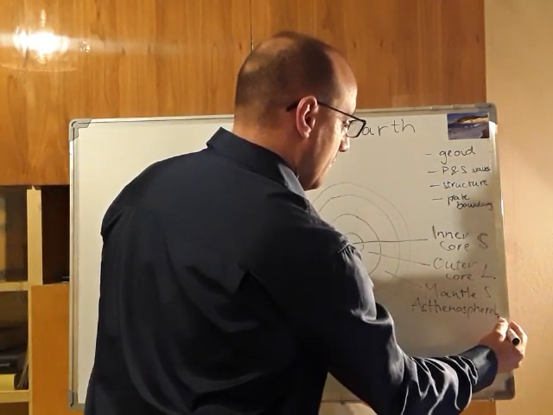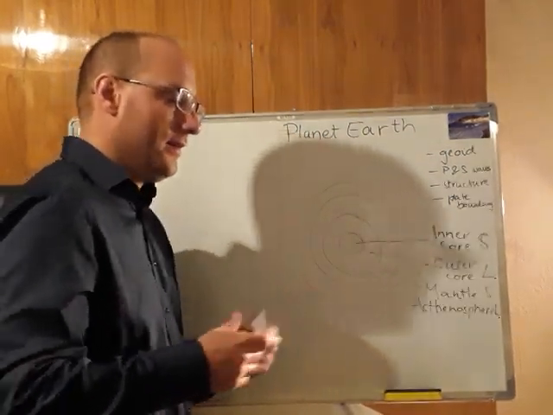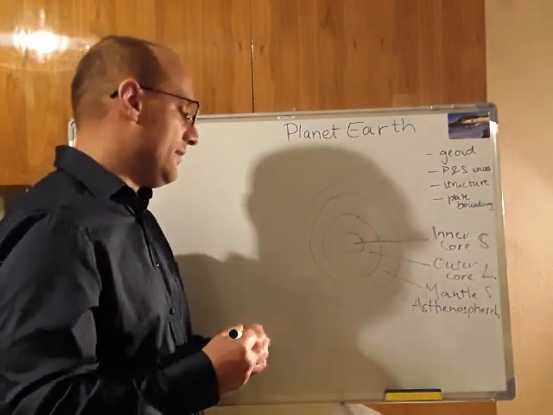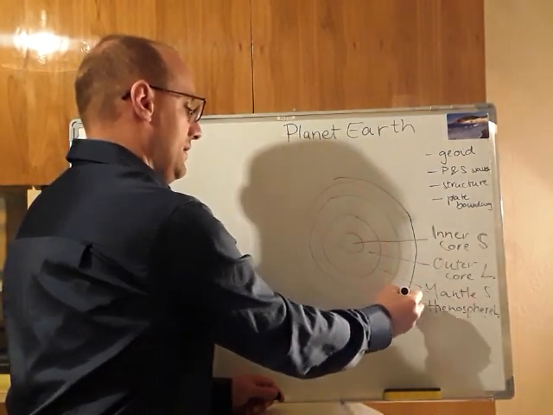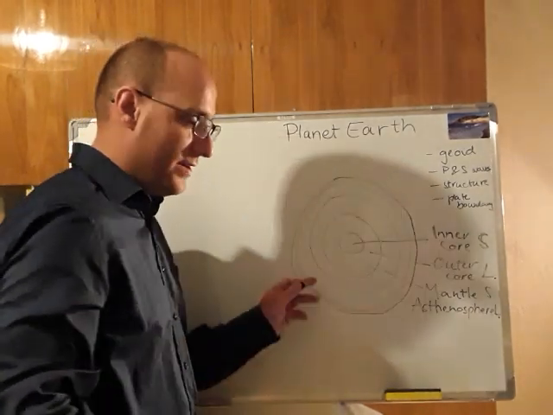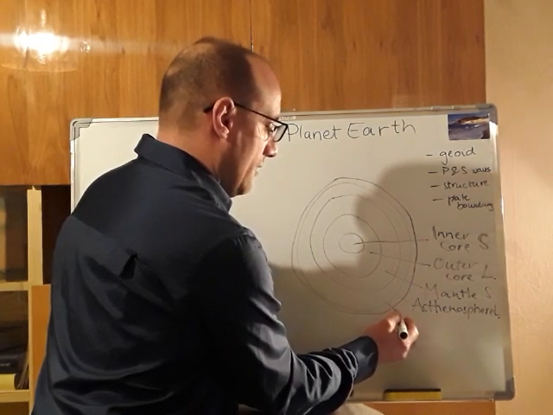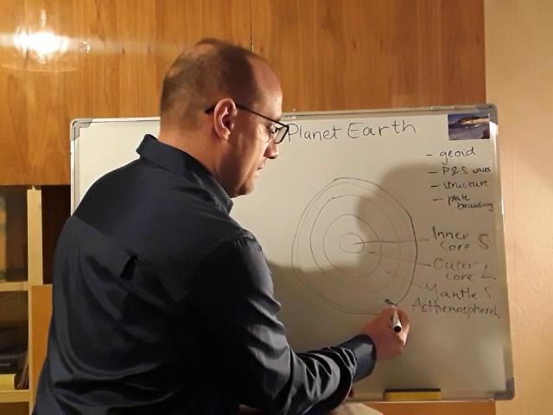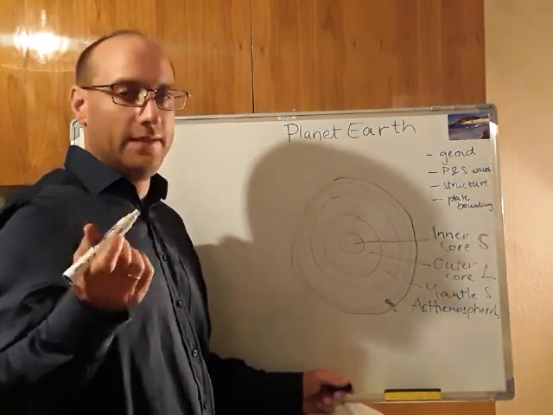It acts like a fluid, and with the top layer of the asthenosphere, it's very thin compared to what we have here. I'll just cover my geoid here, so that would be the thin layer here together with the top of the asthenosphere that we would call the lithosphere.